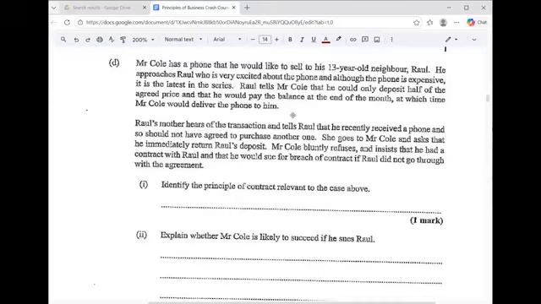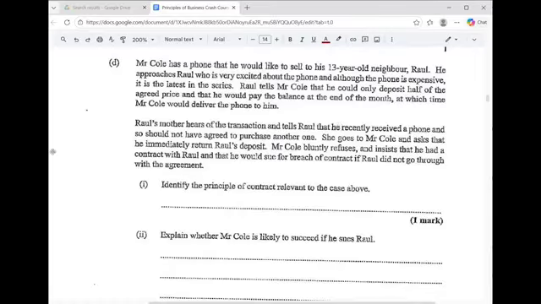Mr. Cole bluntly refuses and insists that he had a contract with Rahul and that he would sue for breach of contract if Rahul did not go through with the agreement. Oh boy, we have a serious situation here. So I hope you're paying attention, eh? This can happen in real life, and a lot of people don't know when they're in contract with someone.